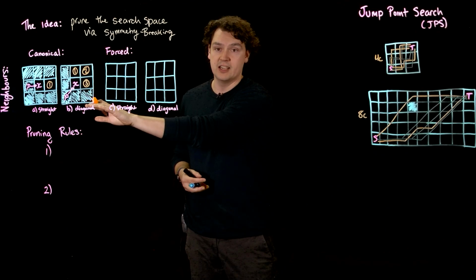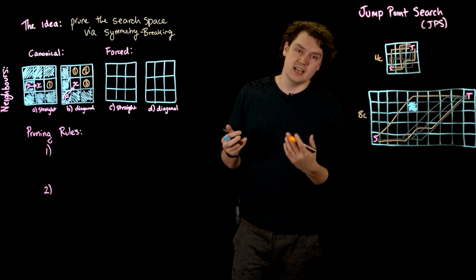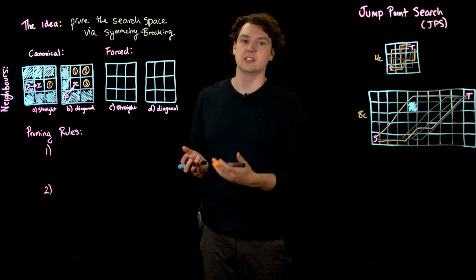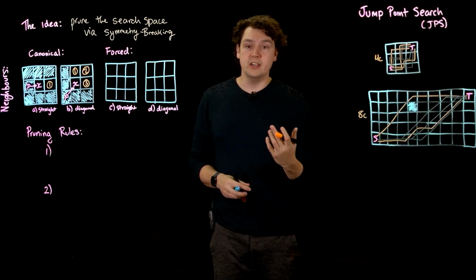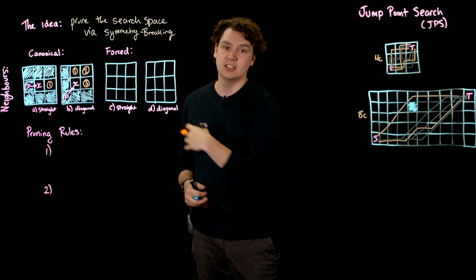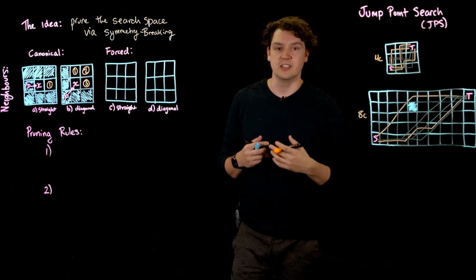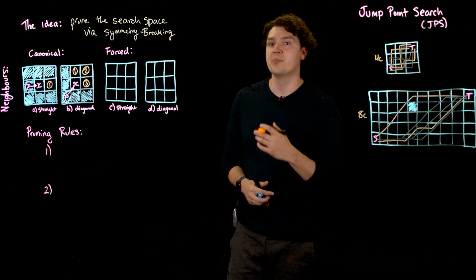This is an 8-connected problem, right? Technically, the branching factor would be 8. Technically, right, you never want to generate the node you just came from, the parent, so sure, the branching factor's 7. But we are reducing that all the way down to 1, or at maximum 3, in the case of diagonals. These are the only nodes we will need in the entire search space in order to find a solution.